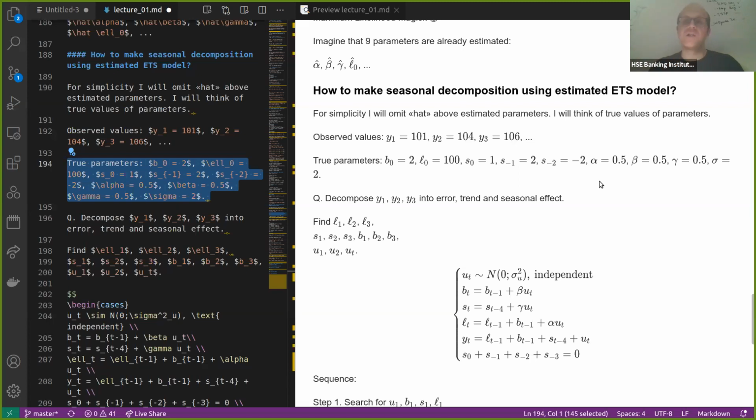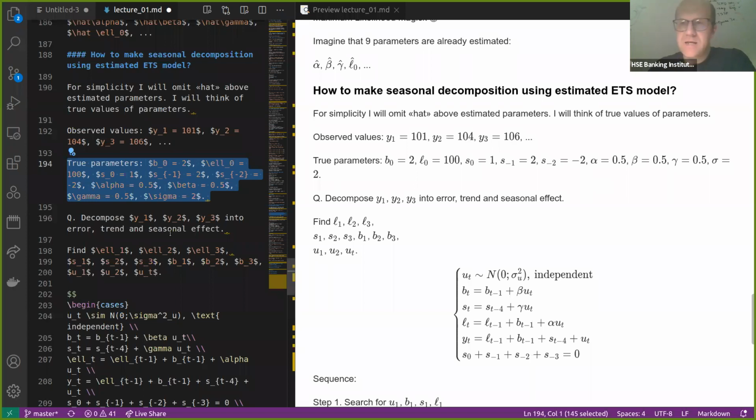So B_t may change, and you know the current growth rate for every moment t, you know the error for every moment t. Strictly speaking, these are estimated. When you use estimated parameters, then you have estimated seasonal effect, estimated error, estimated growth rate, estimated seasonally adjusted L_t hat.